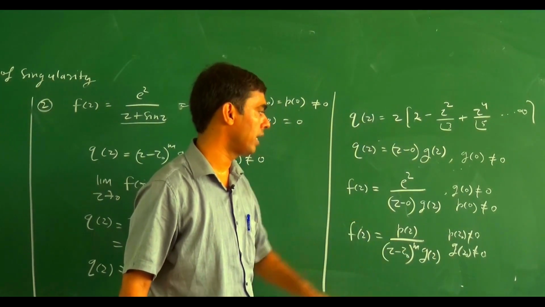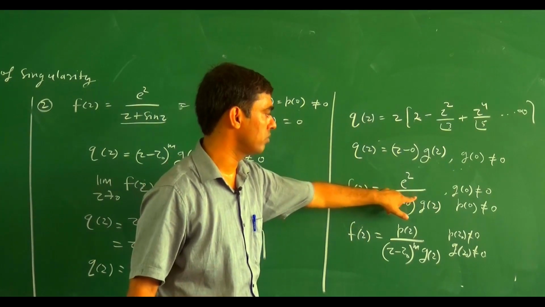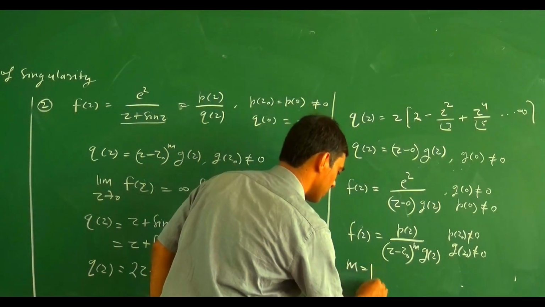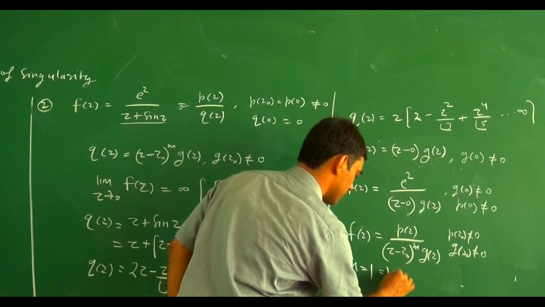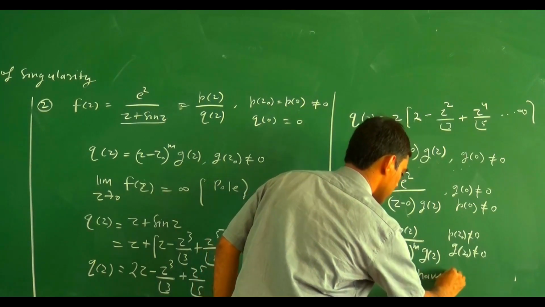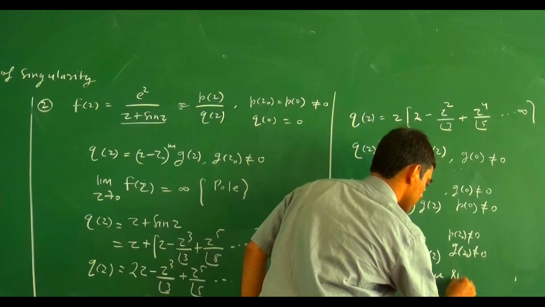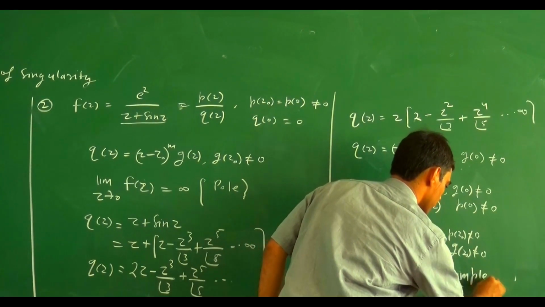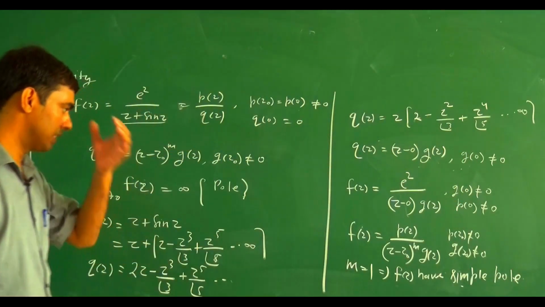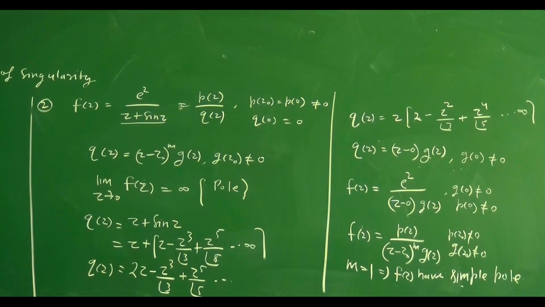Order of the pole is m. So if we compare here, what is the value of m? m is 1. So we conclude f(z) has a simple pole. Simple pole. So this one is the solution of the second one.